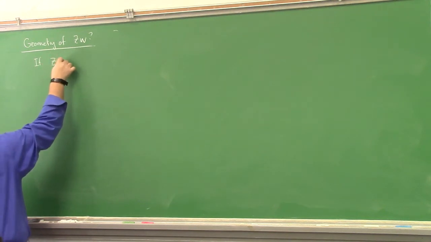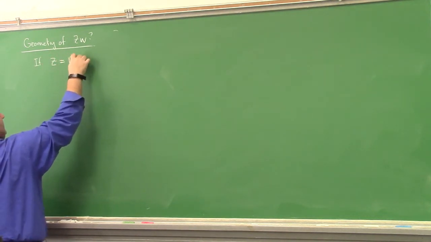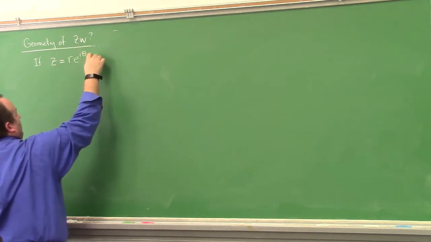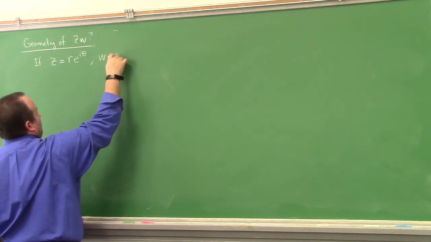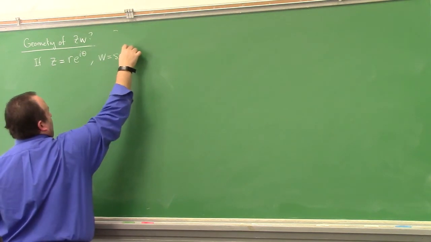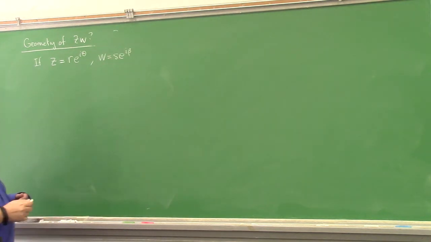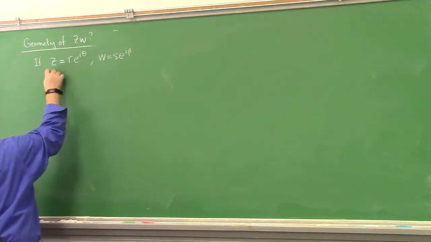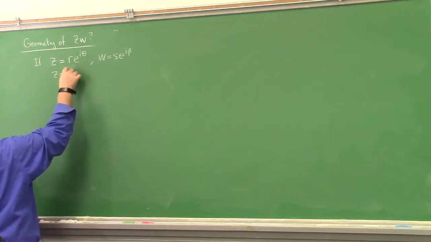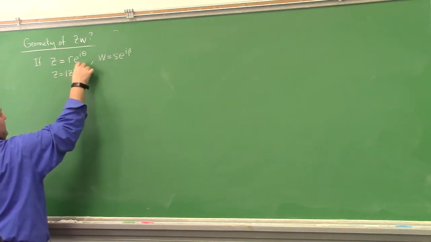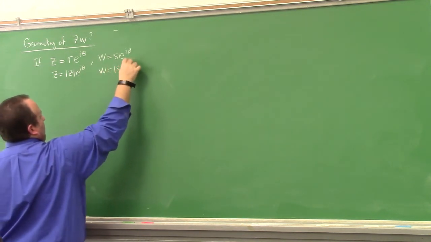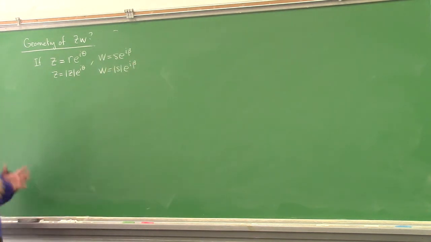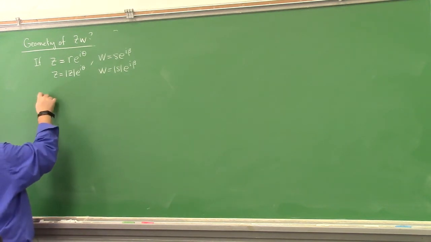If Z is equal to R e to the I theta, and W is equal to, let's say, S e to the I beta, in other words, you could say Z is modulus of Z times e to the I theta, and W is modulus of W times e to the I beta. Fine. Then what is Z times W?